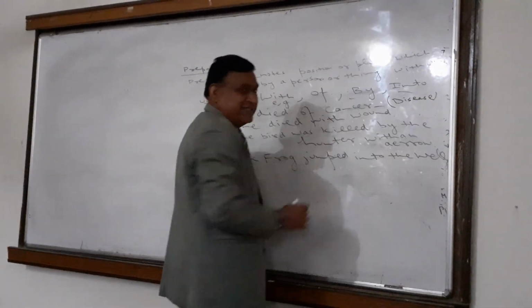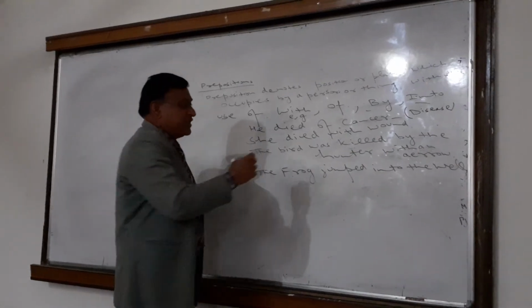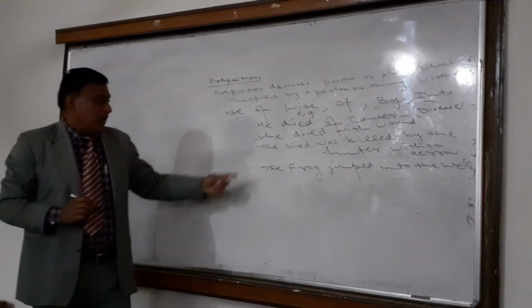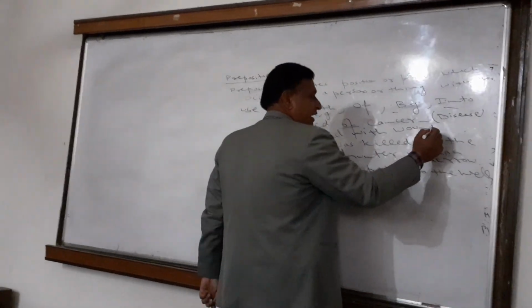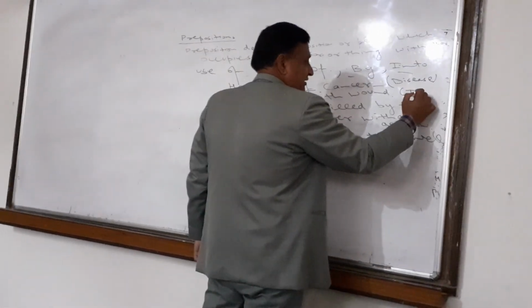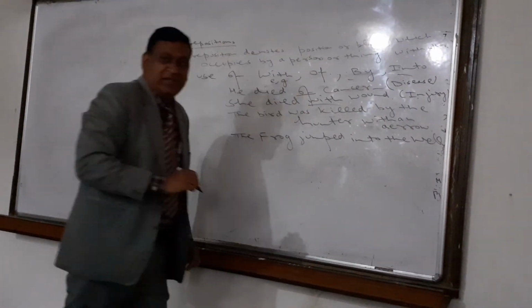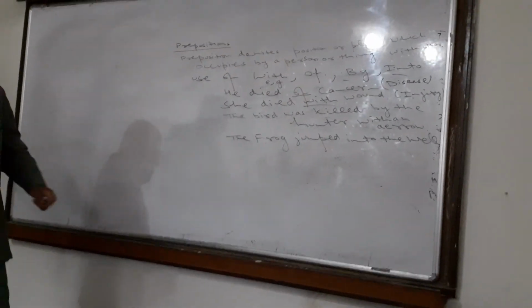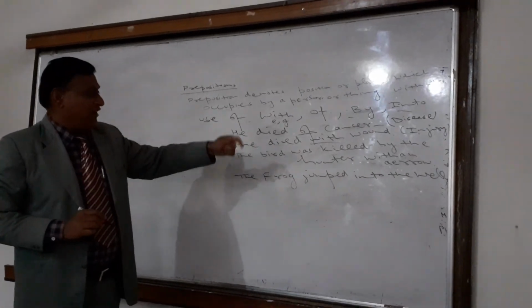If a person died due to disease, then we will be using preposition of. If a person died with injury, then we will be using with, not of. So this is a difference, with and of.